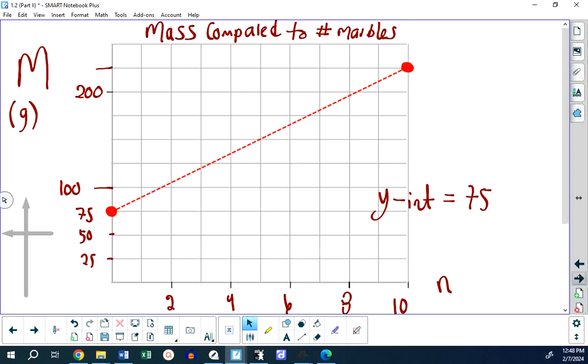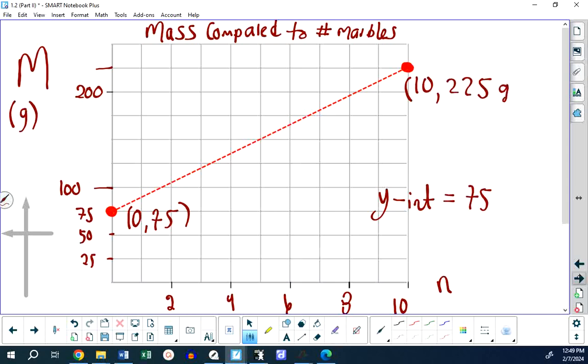So this is at 0 marbles, 75 grams. This is at 10 marbles, 225 grams. So your slope will be 225 minus 75 over 10 minus 0.